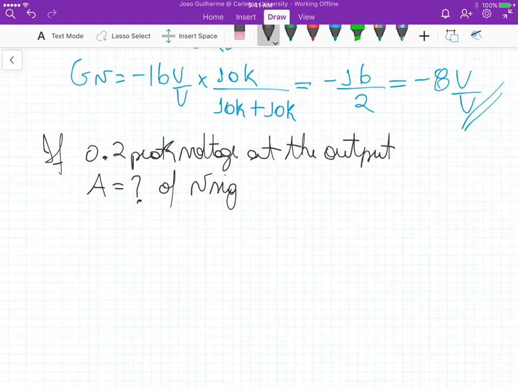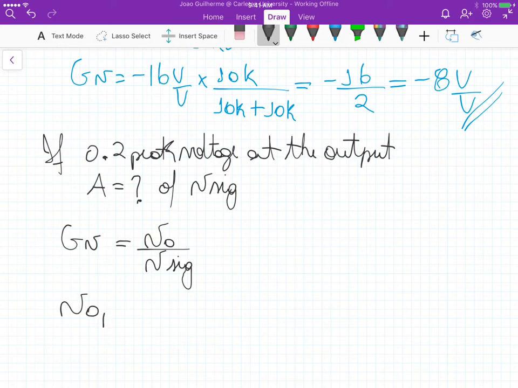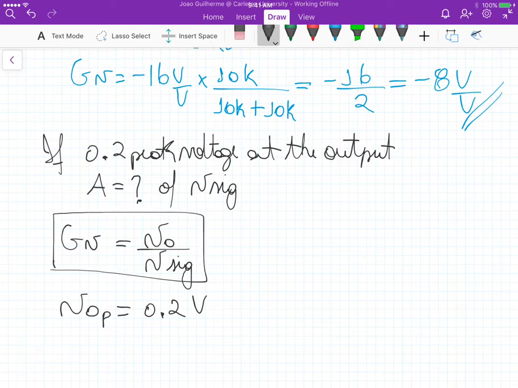If you remember, this overall gain is actually the relationship between V out and V signal. So if we want a V out peak of 0.2, we can use this overall voltage gain to calculate V signal.